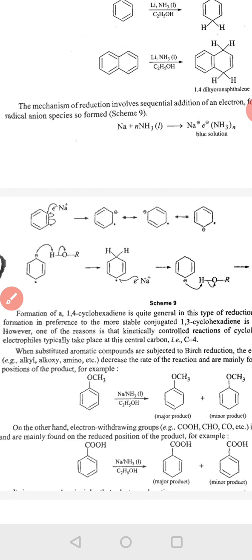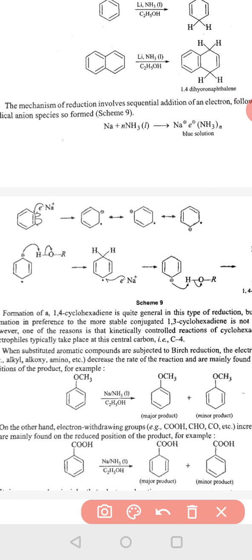Let's see the mechanism. Here again, the first step is homolytic fission of the double bond and we get a radical anion as intermediate. This radical anion undergoes resonance and 3 resonating structures are formed. In the next step, abstraction of proton takes place from alcohol.